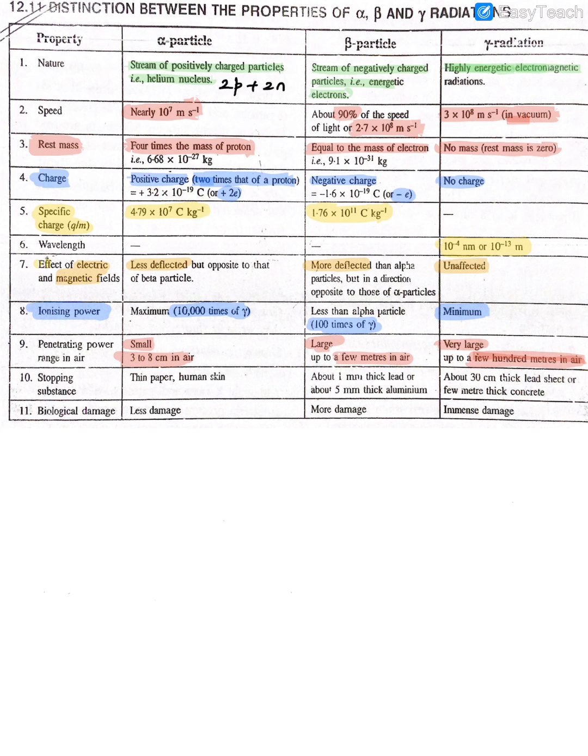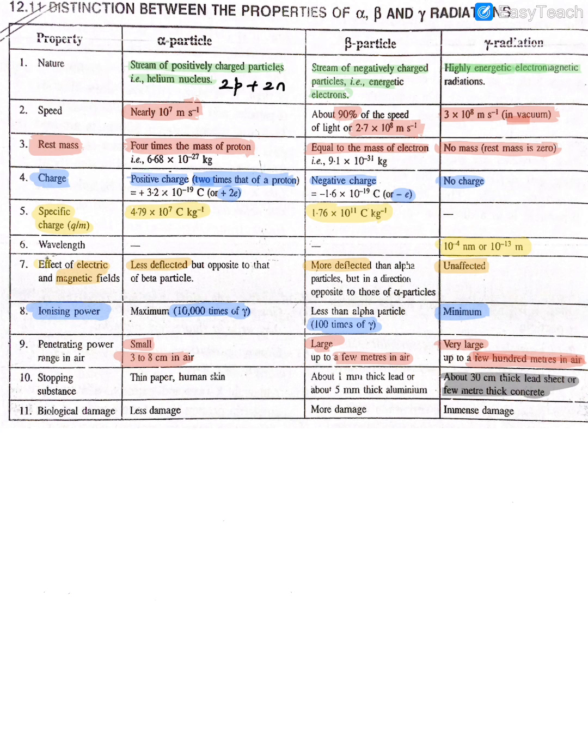Then stopping substance. Now how do you stop them? For gamma radiations, you need a 30 centimeter thick lead sheet or a few meters thick of concrete. So you need concrete walls as thick as your bedroom itself, or thicker, maybe 5, 10, 15 meters of concrete, then only they'll be able to stop this kind of radiation.